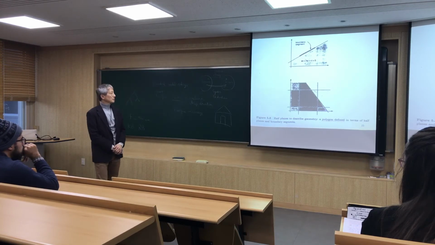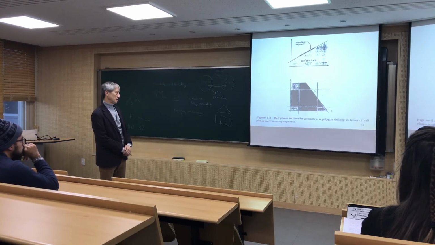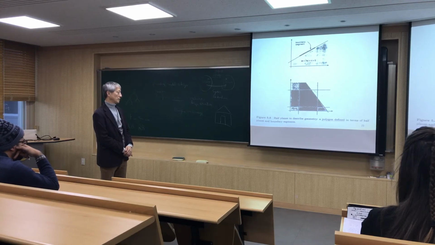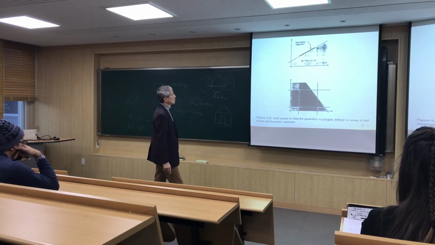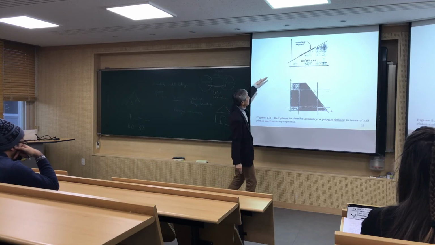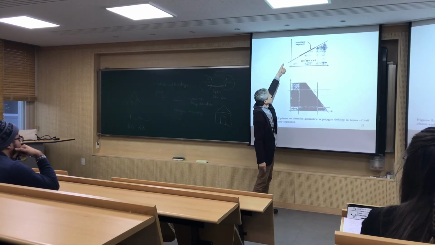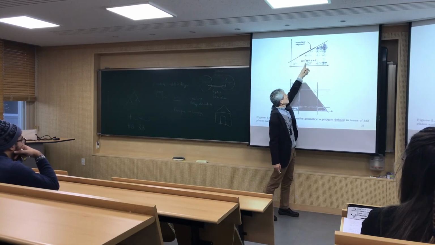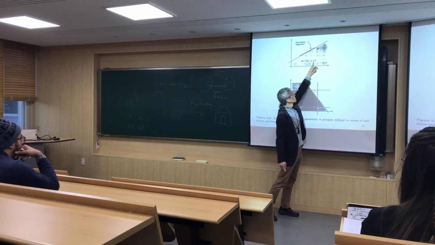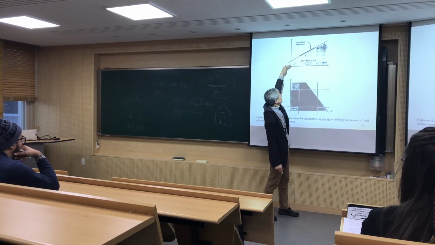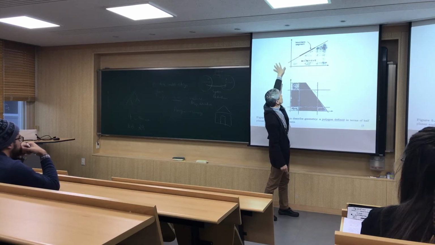And this is geometry, half planes, a polygon defined in terms of half planes and boundary segments. So the equation of this line is something like this one. And if you say greater than, then you divide this plane or space into two parts.